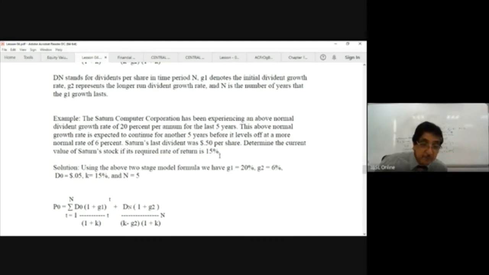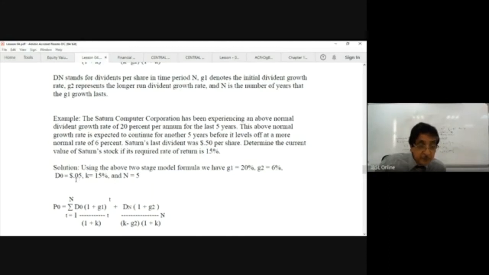Right. Anyway, now, as usual, we just jot down our information. G1, the growth rate at the initial period, is 20%. Growth rate at the second period is 6%. D0 is 0.05, I think there's something wrong here.